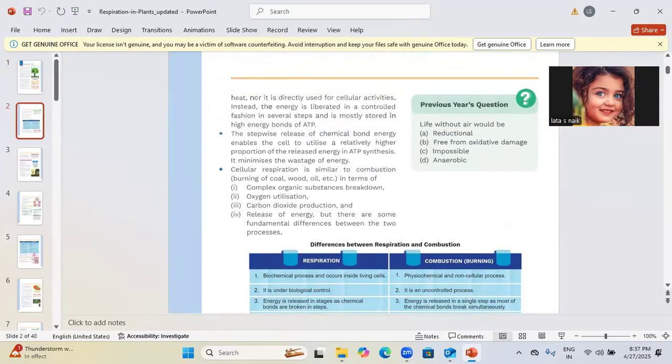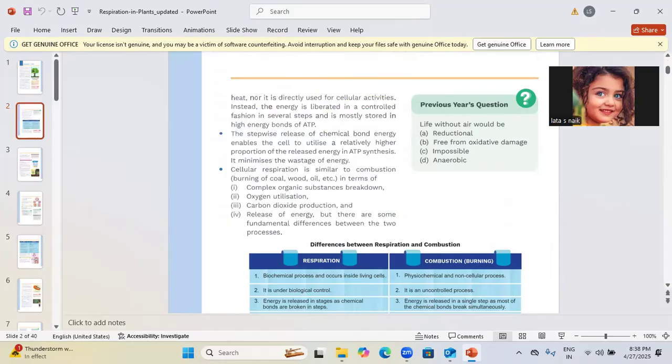Nor is it directly used for cellular activities. Instead, the energy is liberated in a controlled fashion in several steps and is mostly stored in high energy bonds of ATP. The stepwise release of chemical bond energy enables the cell to utilize a relatively higher proportion of released energy in ATP synthesis. It minimizes the wastage of energy.